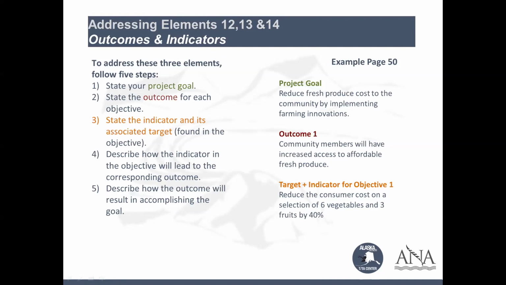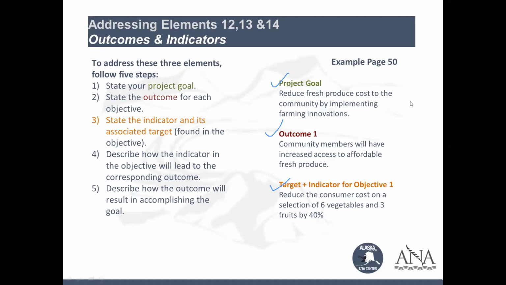First, state your project goal. Then state the outcome for each objective. State the indicator and its associated target from the objective.